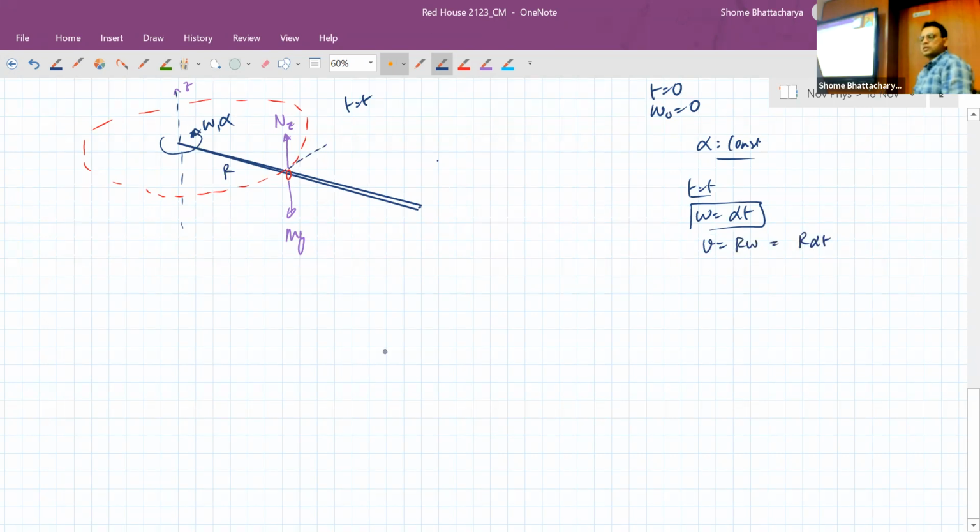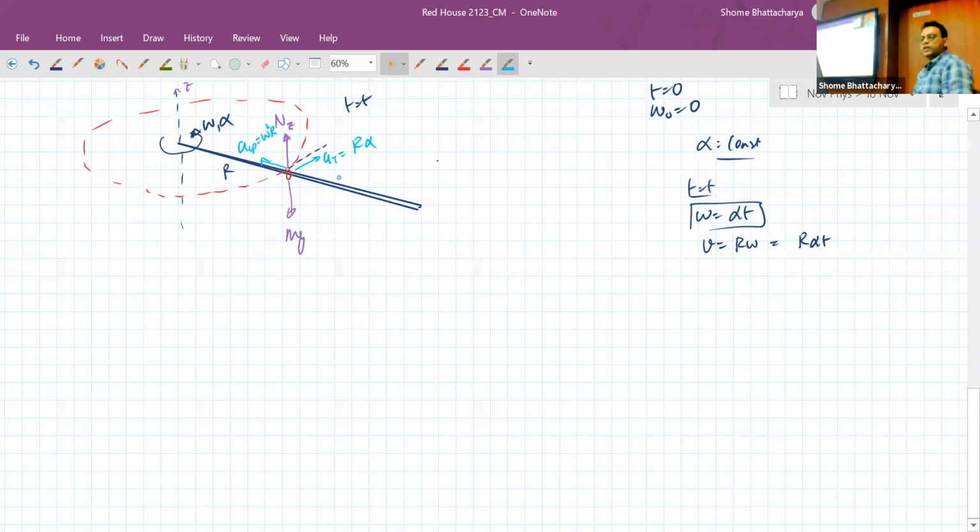Now, because of circular motion, what will its tangential acceleration be? Alpha r, because its speed is increasing. And because of the circular path, what will its centripetal acceleration be? It will be omega square r.